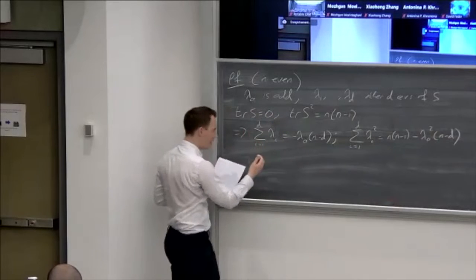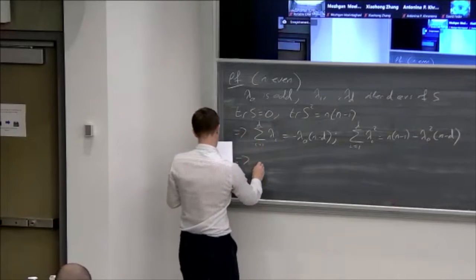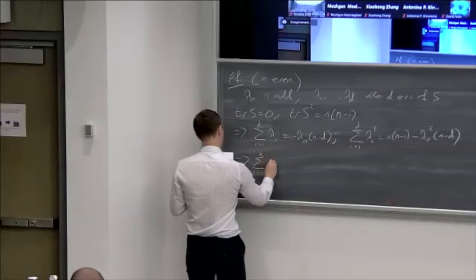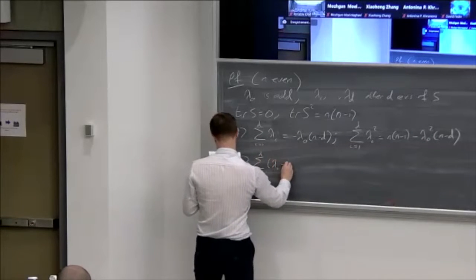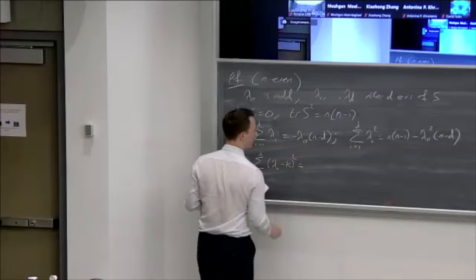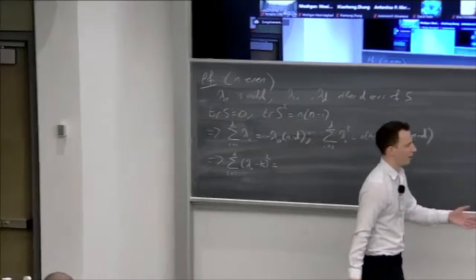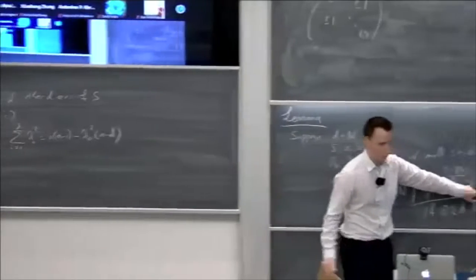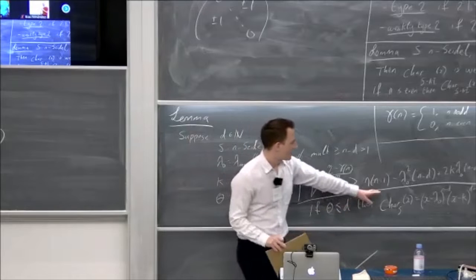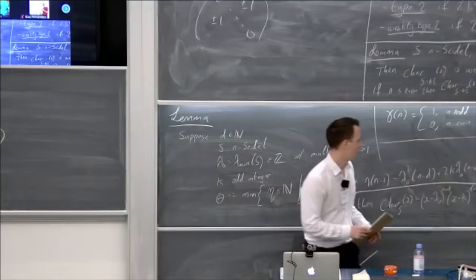If we put them together, we get the sum from i equals 1 to d of (λi − k) squared equal to this thing here. You see we get an n(n − 1) coming out, and some stuff involving k.